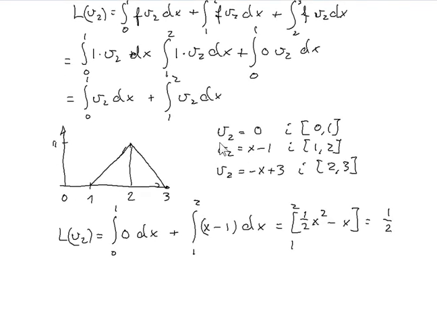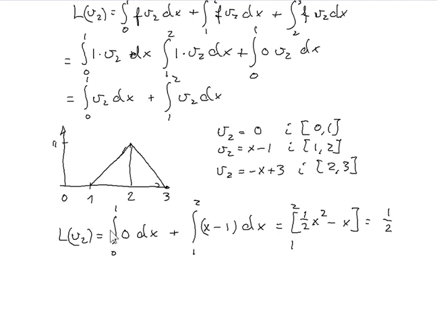And in the same way we find that v2 is equal to 0 in this interval. v2 is equal to x minus 1 in this interval, using exactly the same method for a straight line. We can find the equation for this straight line, and here we have the expression for v2 in the interval 2 to 3.